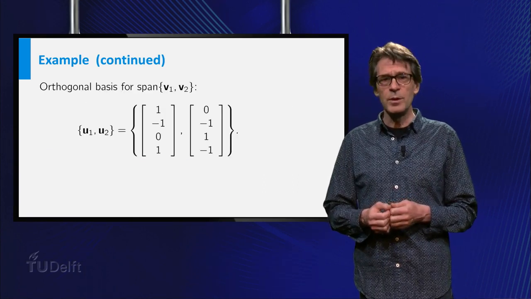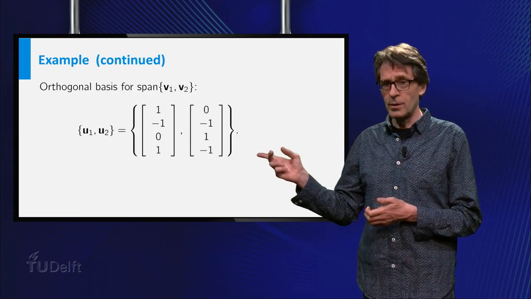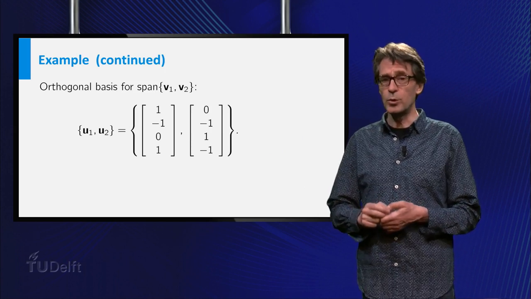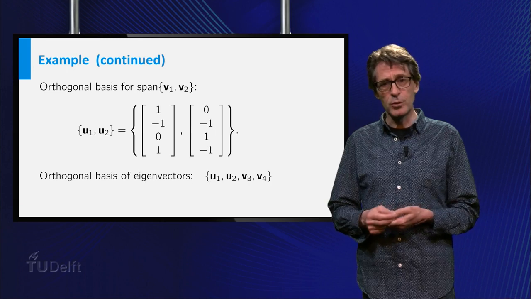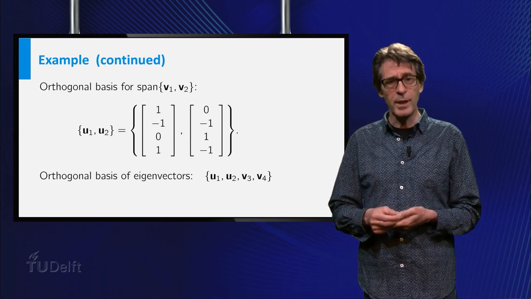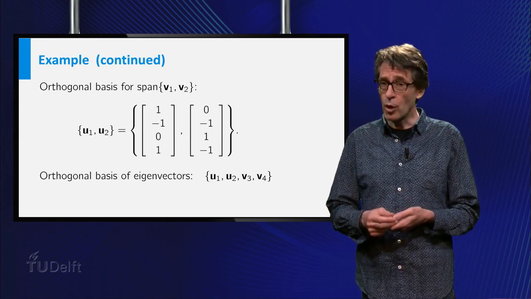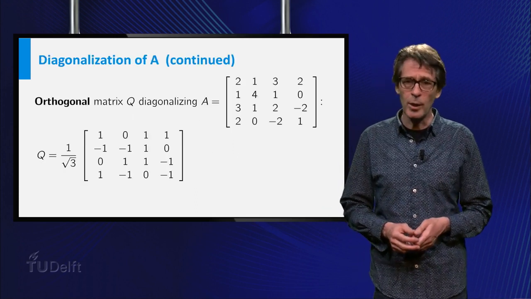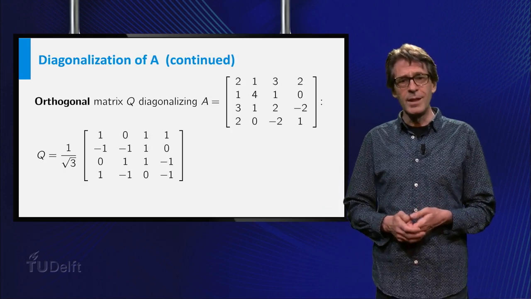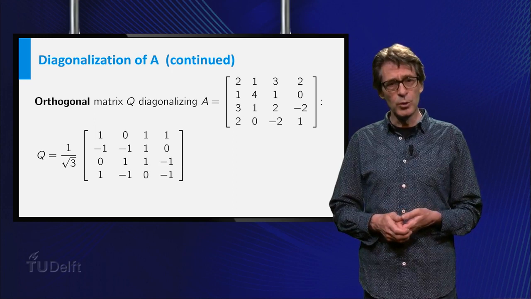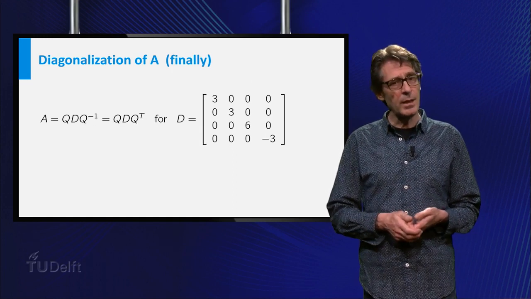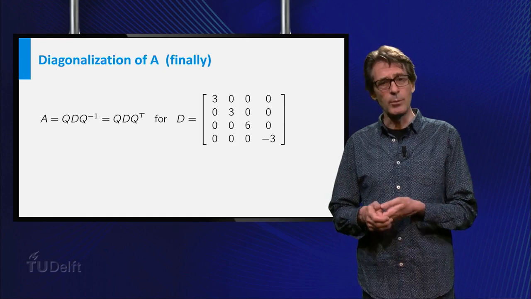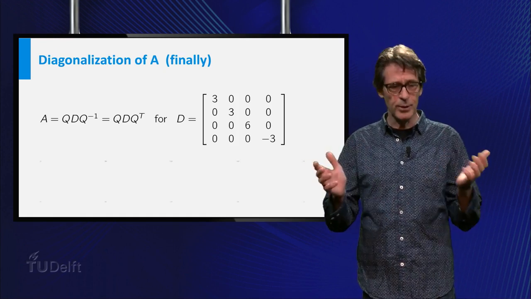Using Gram-Schmidt, you get this orthogonal basis u1, u2 for this eigenspace. And replacing the first vectors by these gives an orthogonal basis of eigenvectors for the whole space. Normalizing and putting them together gives the orthogonal matrix Q that diagonalizes A. That is, A equals Q D Q inverse. Brilliant.